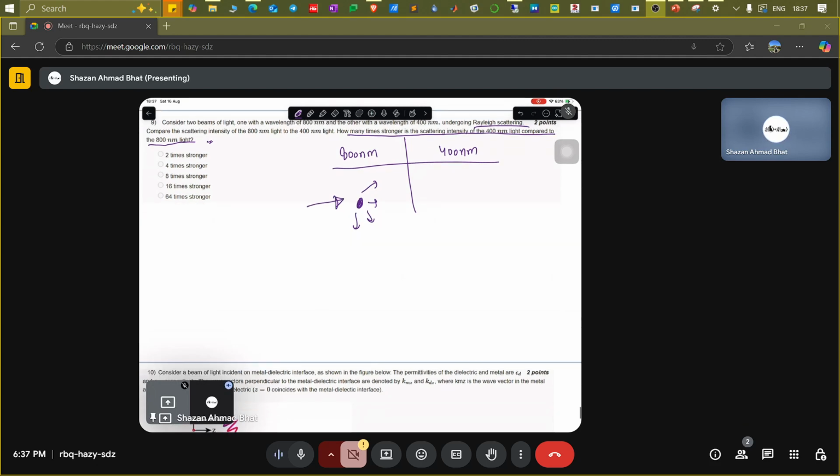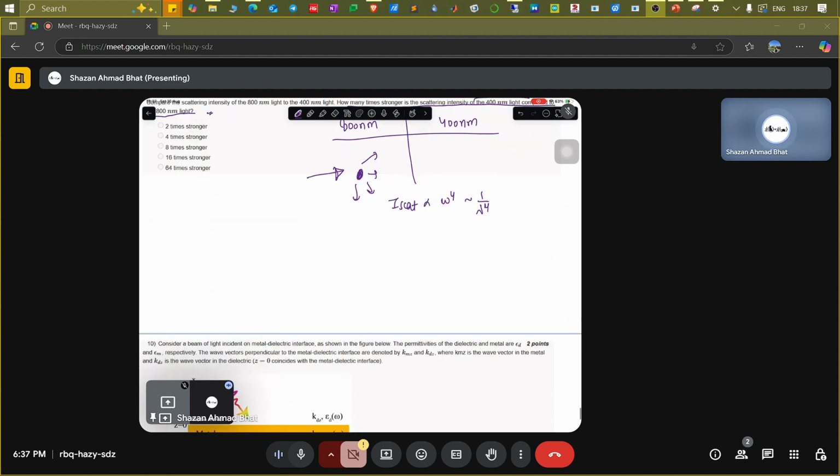Now you saw that the scattered intensity is directly proportional to the frequency to the power 4. That means it's inversely proportional to the wavelength to the power 4.